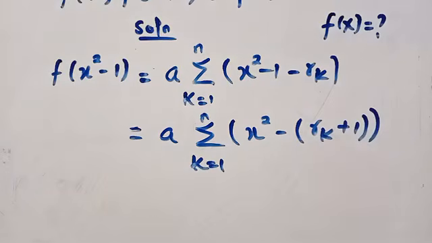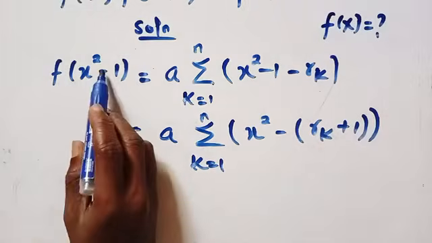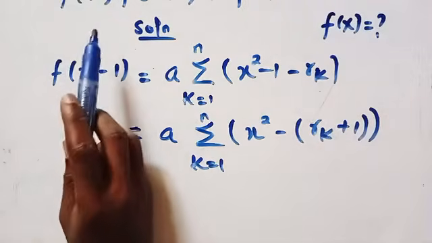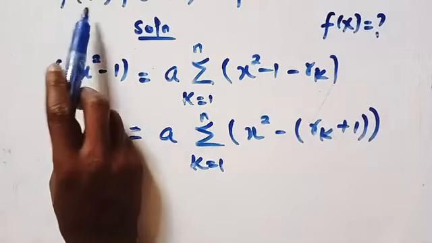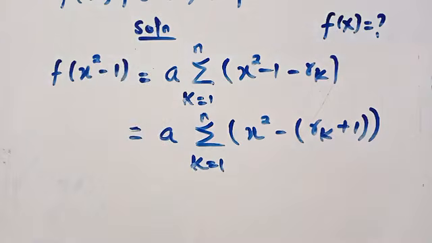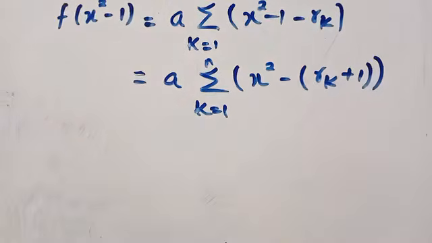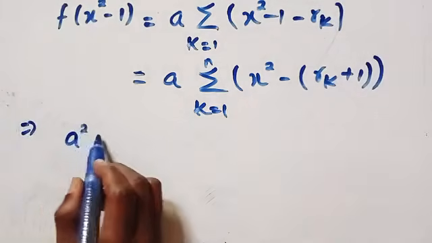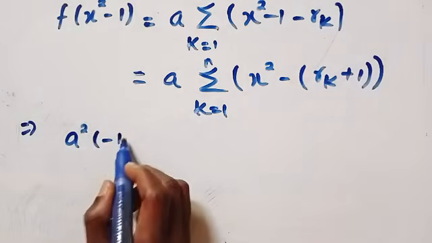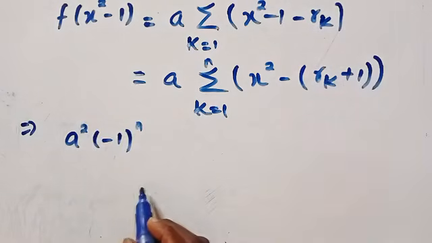So we have to equate this together. For f of x squared minus 1, we equate it with what we got for the product of f of x multiplied by f of minus x. So equating this, for what we get initially, we have a squared into bracket of minus 1 raised to power n.